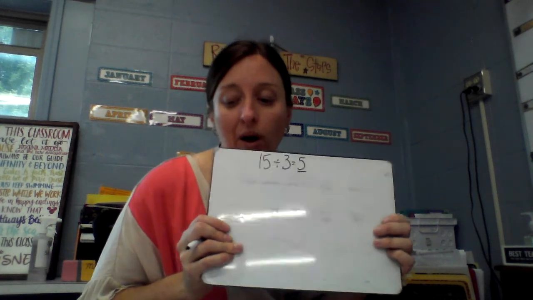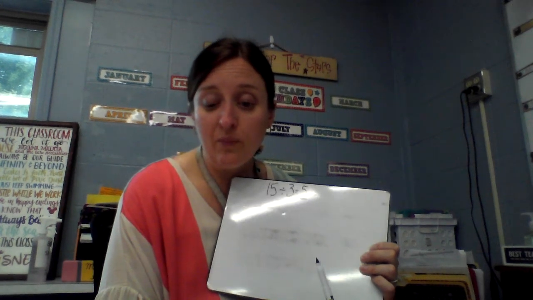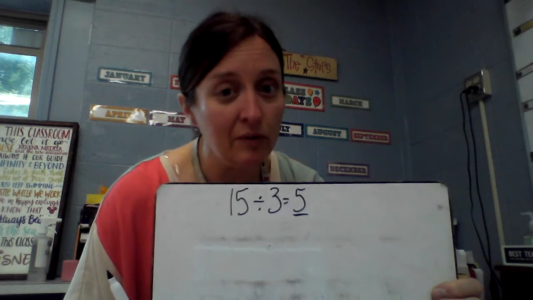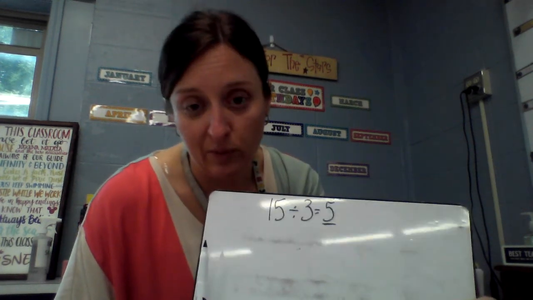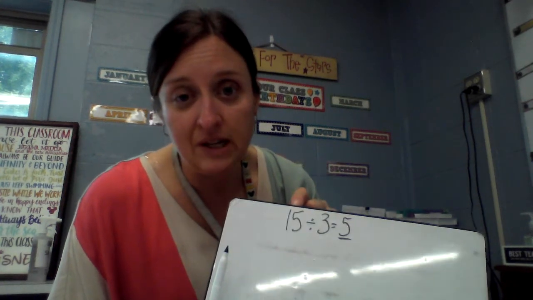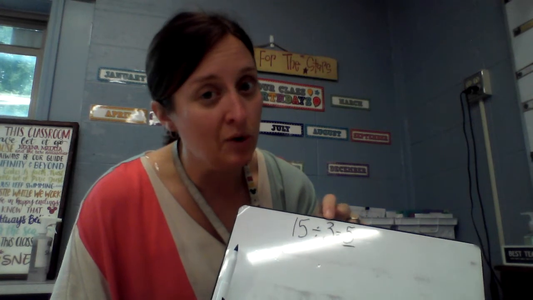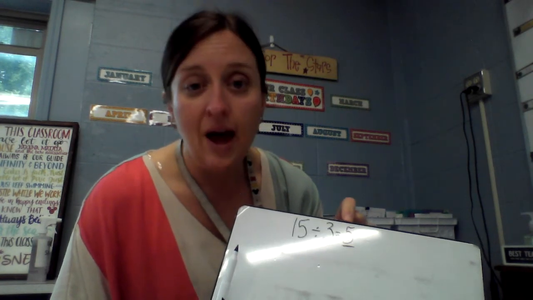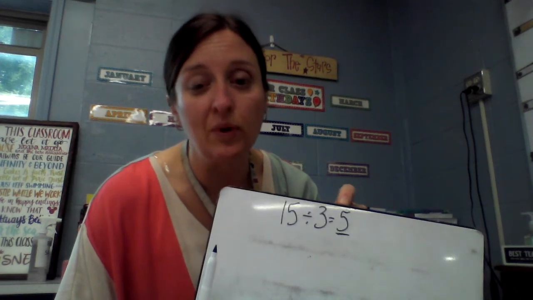So I want my quotient, or my answer, to be the size of the groups. Not the number of groups like the last example, but the size of my groups. So I'm going to have 15 total circles. I'm going to have 3 groups or 3 rows, and then my quotient tells me that I'm going to have 5 in each group or in each row.